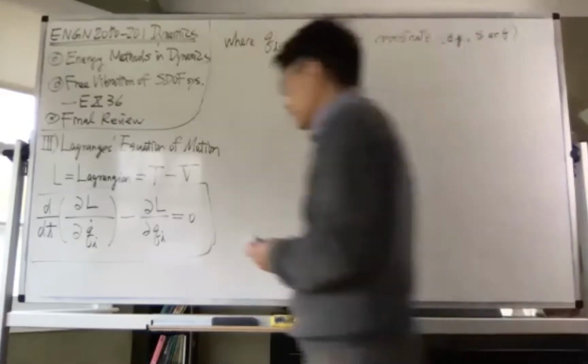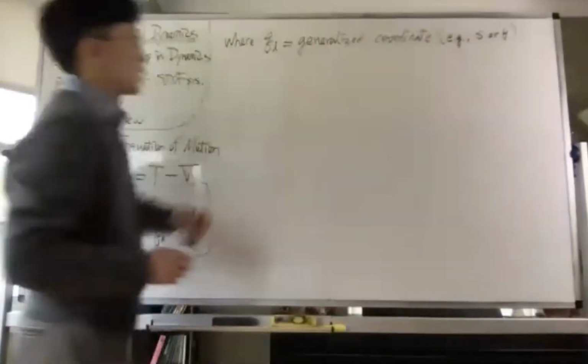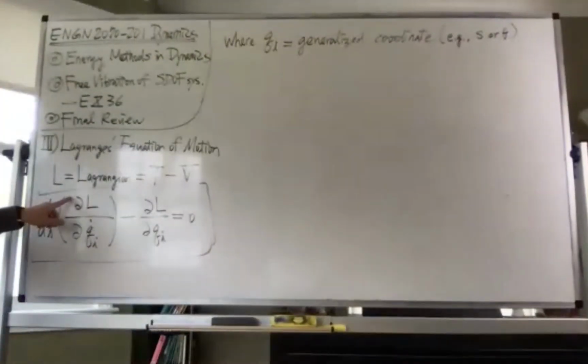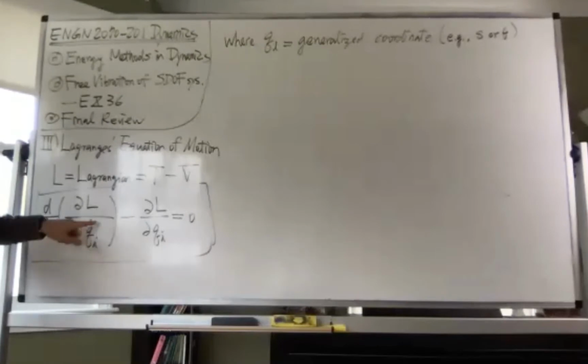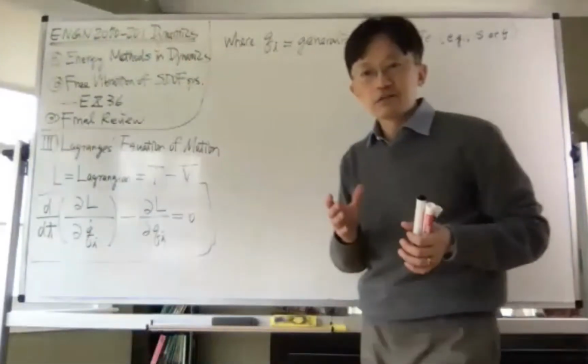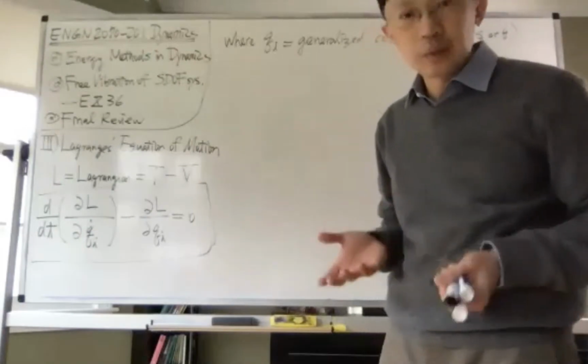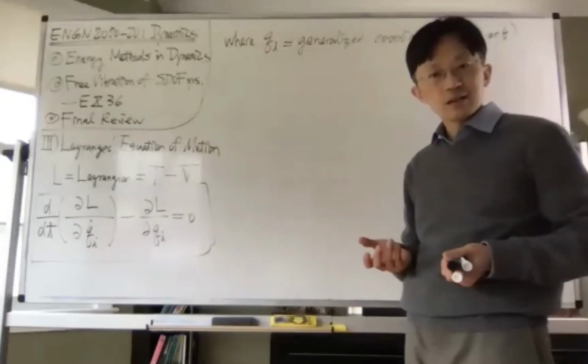So when you take displacement as a generalized coordinate, you simply replace Qi with S. Now what is S dot? S dot means the time derivative of displacement, right? Then what do we get? That's velocity.